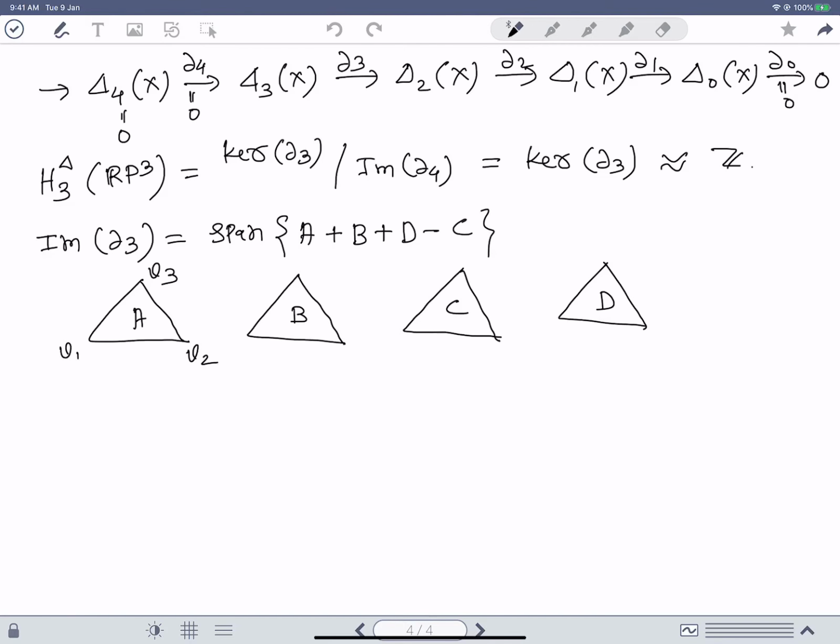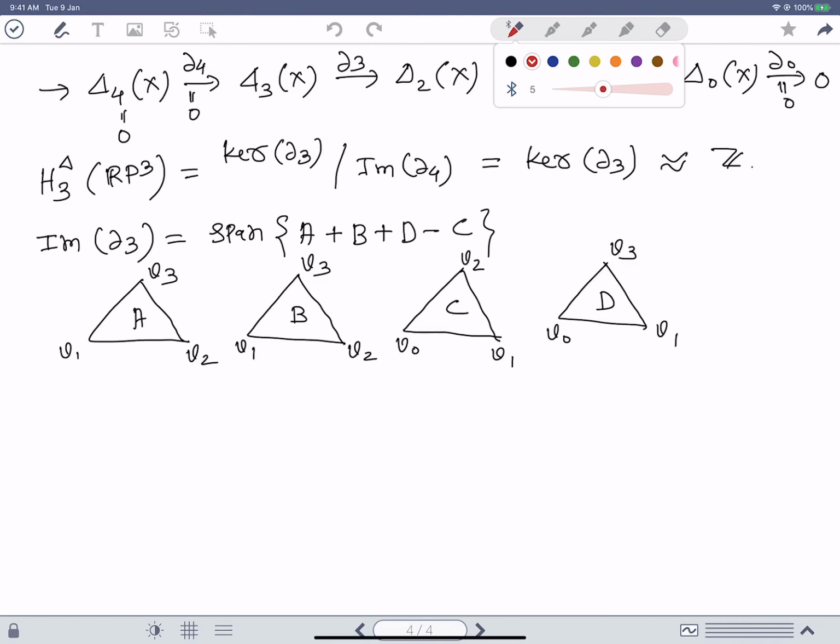B means again V1, V2, V3. Okay. C means V0, V1, V2. You can check that. And D means V0, V1, V3, and we have chosen the orientation in this way.